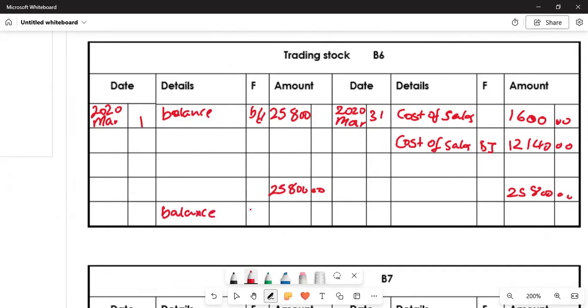Our balance BD is going to be 12,060, which is on the 1st April. So our balance carried down is going to be 12,060. So this is how we are to do the trading stock. That's all.